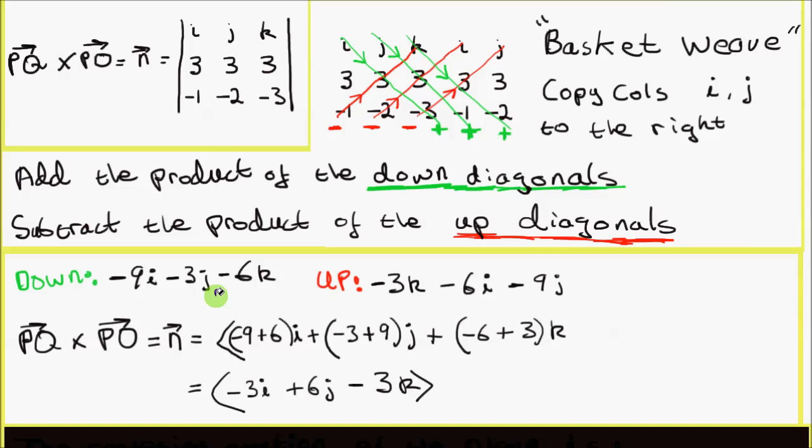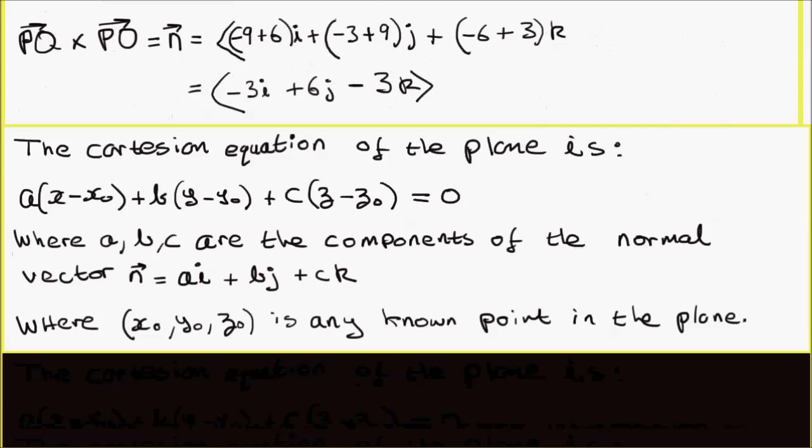So I add the downs and subtract the ups, and this gives me PQ cross PO equals the normal vector, and I see where it's minus 9i minus minus 6i gives me minus 3i. So I end up with the normal vector as minus 3i plus 6j minus 3k.